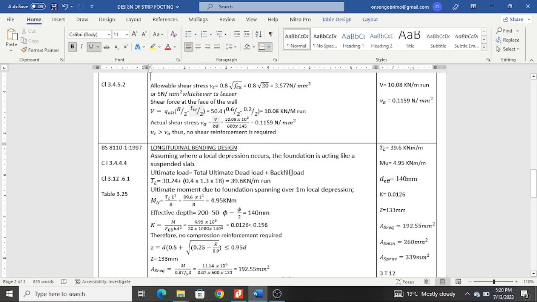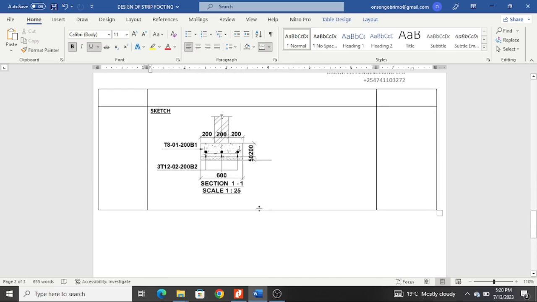Where does the backfill load come from? I'm going to show you. This is the sketch of the section we've designed, but we will discuss it later. For now, I want to explain where the backfill comes from. Remember, all the loads we've determined are the loads acting on this masonry. So we also have some soil here, which is a backfill, and it's well compacted, and some soil here.